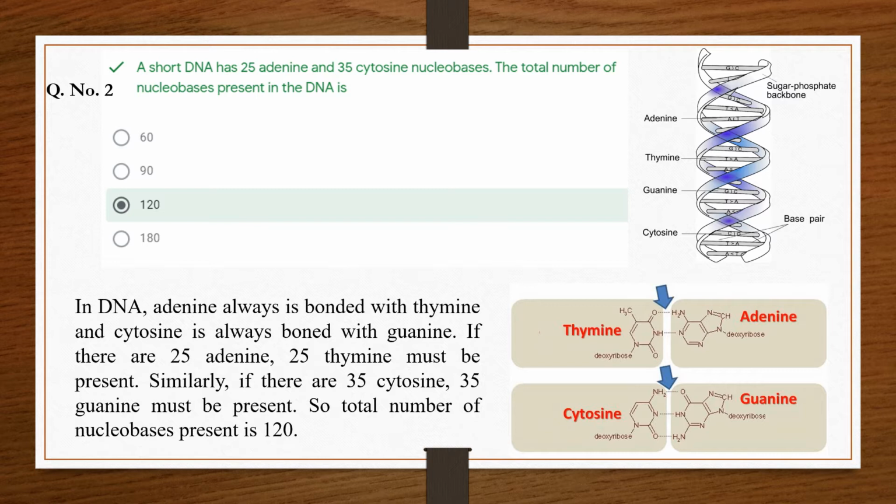Adenine always binds with thymine, and cytosine always binds with guanine. So if there are 25 adenine molecules, there must be 25 thymine molecules, and if there are 35 cytosine, there must be 35 guanine. So the total count is 120.